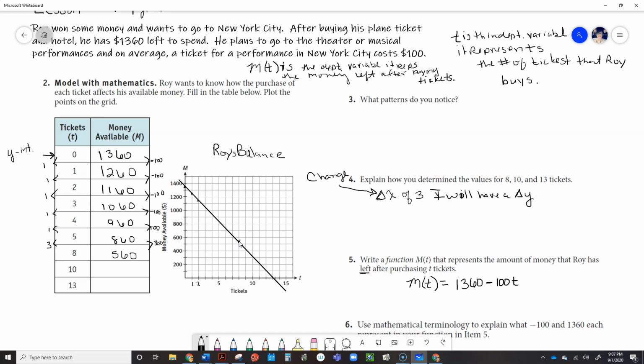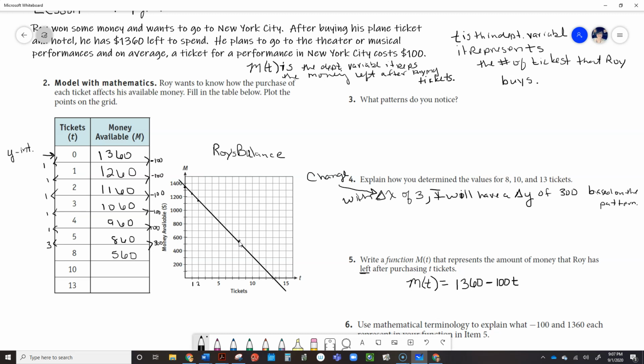You know that from science. With a change in x's of 3, I will have a change in y's of 300 based on the pattern.